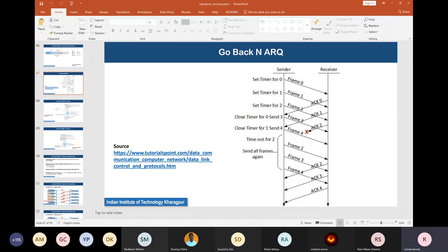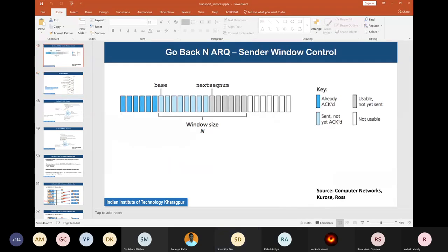Sir, can there be any chance of implementation that suppose the base is now at frame number 2 and the acknowledgement is not received in time, so we can shift the frame 2 packet to the next sequence number position or something else, and the base will be at 3?